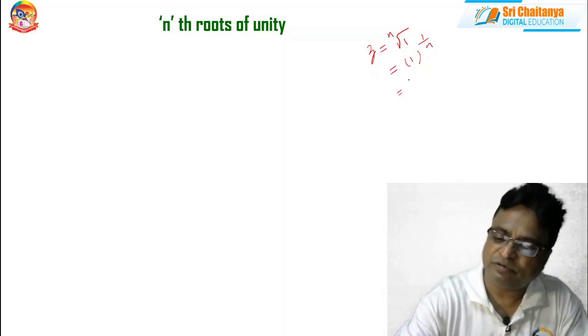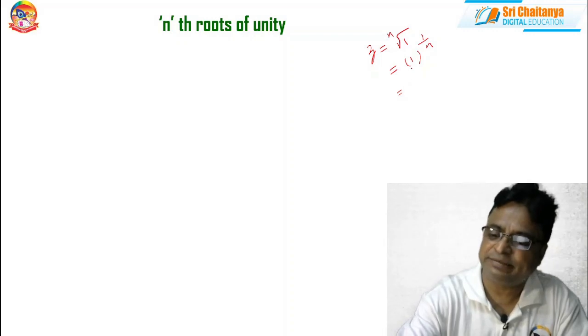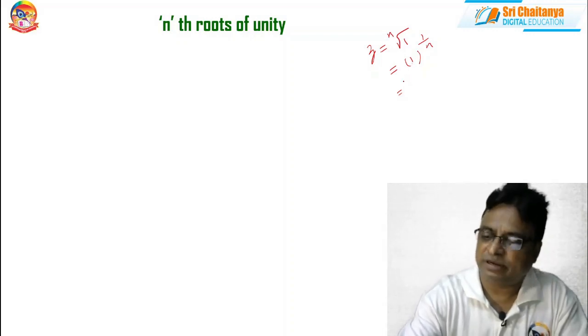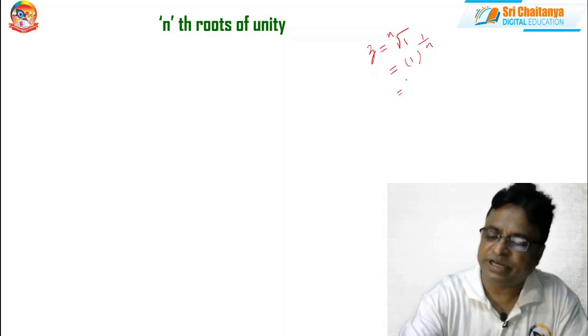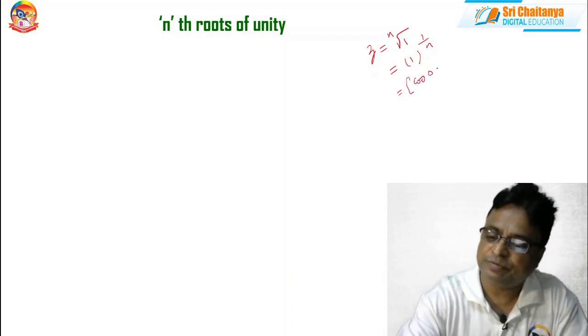So the polar form is r into cos theta plus i sin theta, where r is 1, because the modulus of 1 is 1. So this I can write as cos 0 plus i sin 0, whole power 1 by n.